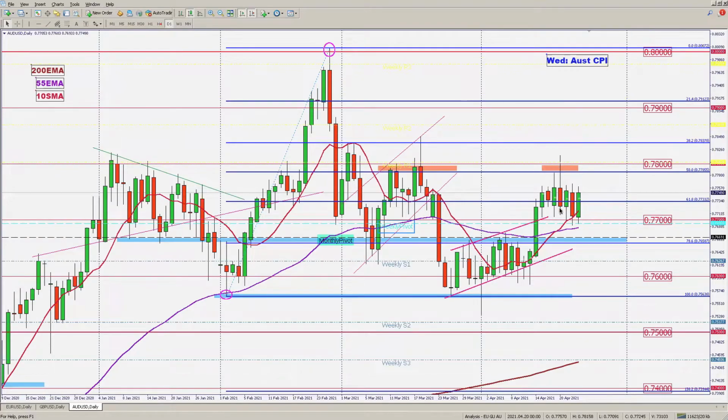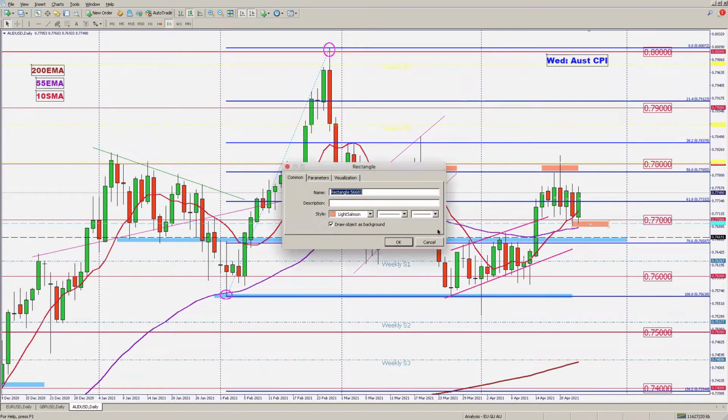That was rejected, pulled back down and consolidated for the rest of the week with support from the weekly pivot as well as the 0.7700 area. So this, along with the rising daily 55 EMA here, let's mark this zone as an intermediate support zone as well.